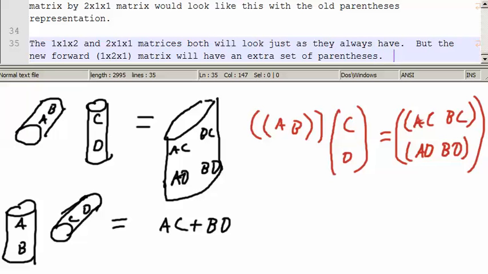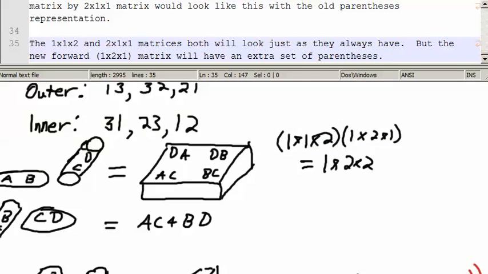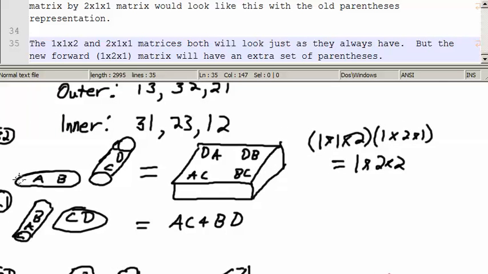Let's go up to this other example that we did earlier. The AB times CD is going to look like what? This AB times CD would be equal to AC.